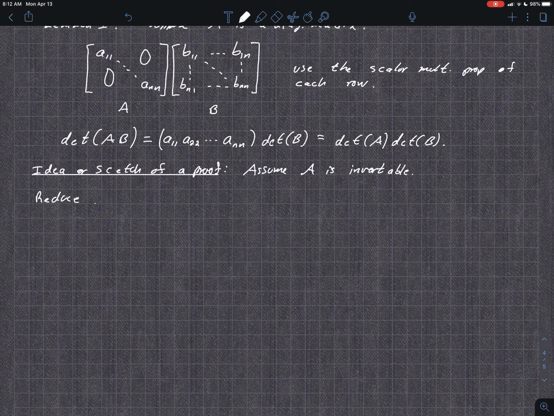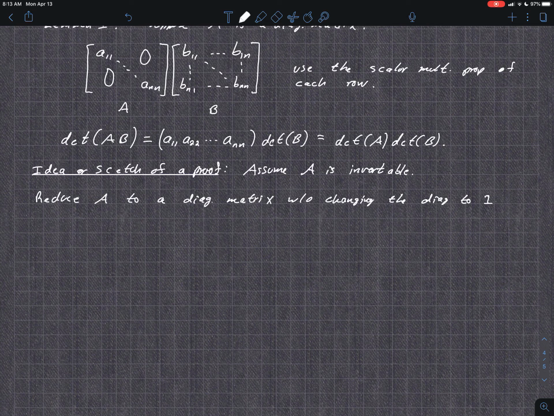So reduce A to a diagonal matrix with row operations, without changing the diagonal to 1.